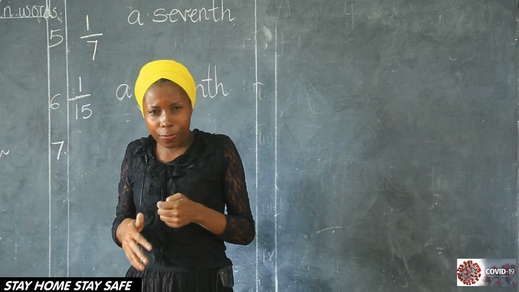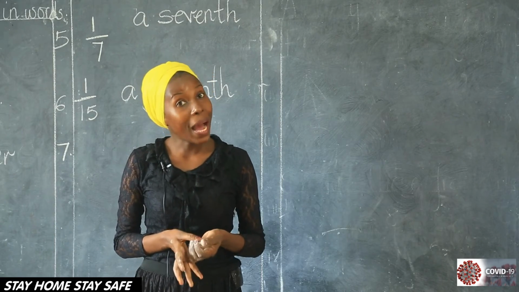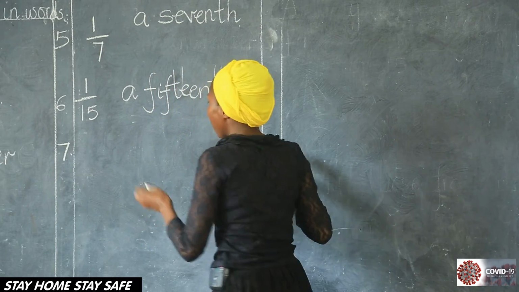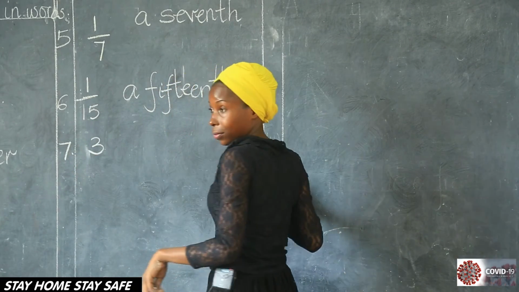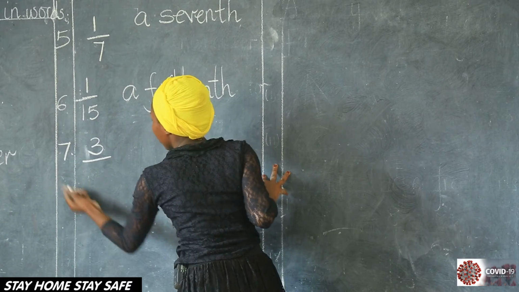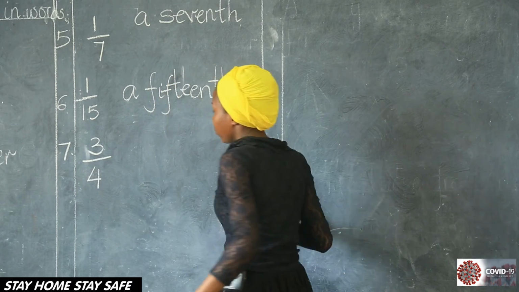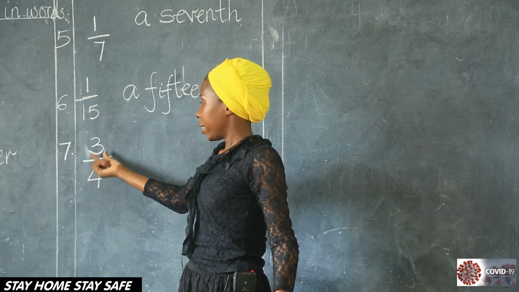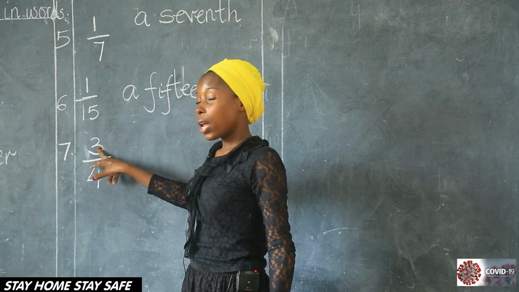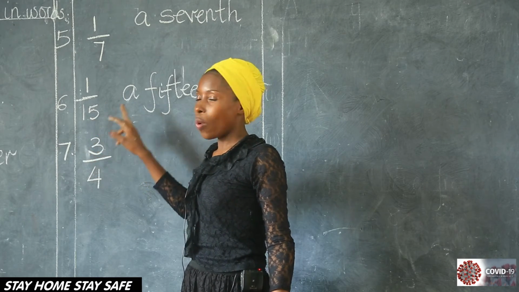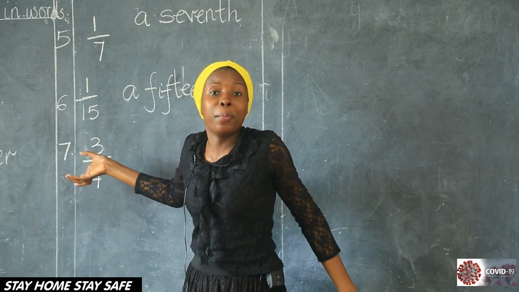Now, if the number up is not 1, we'll give an example. The number up is a 3, and then the number down is a 4. Remember I said, in this case, if the number is more than 1, we will say that number the way it is, its natural name.